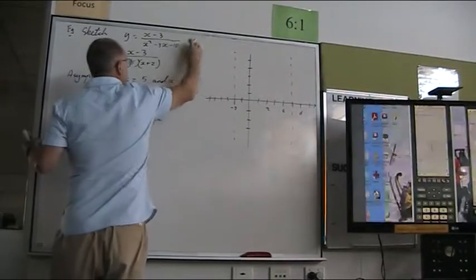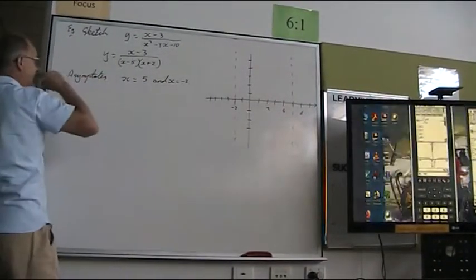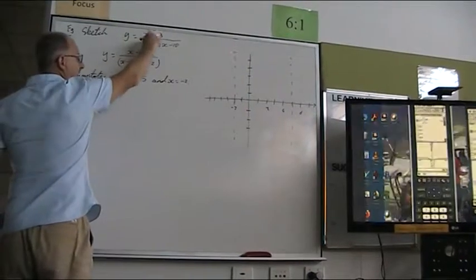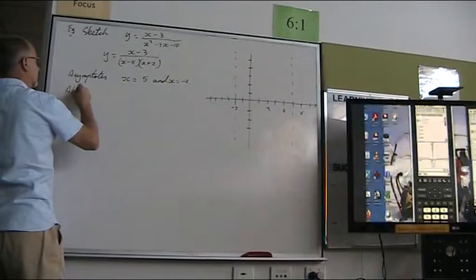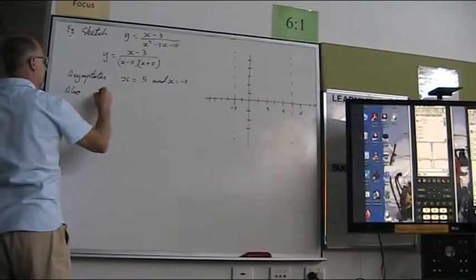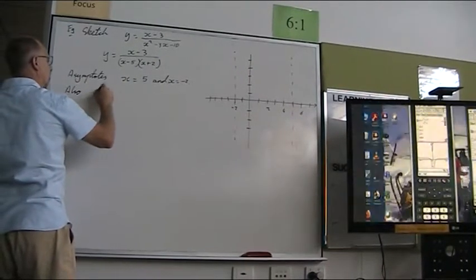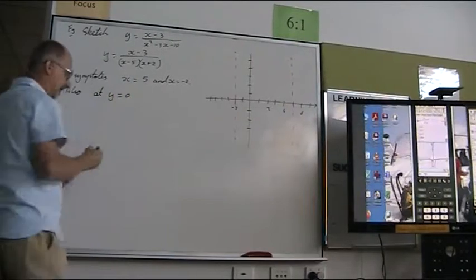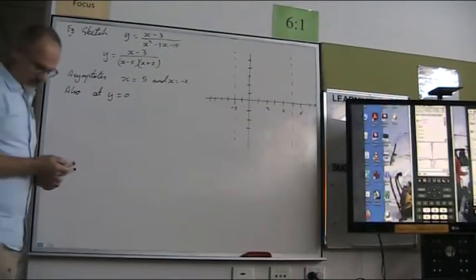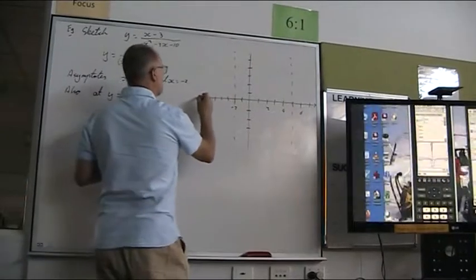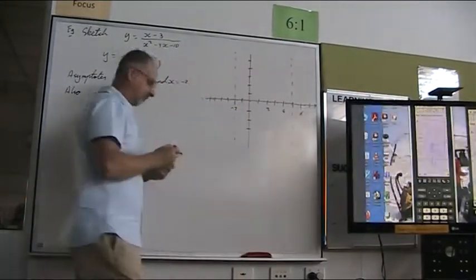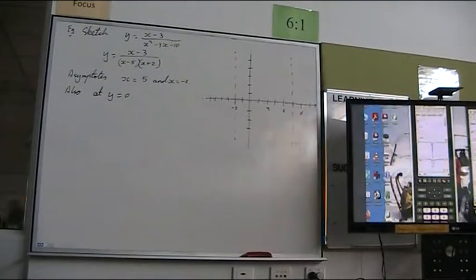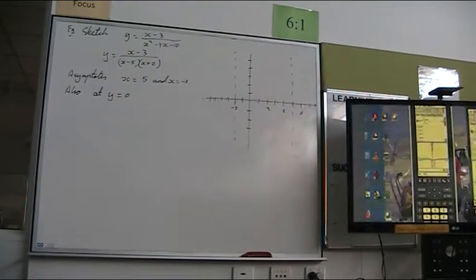Because there's no number out here, and because this is kind of in the form of a truncus, it suggests also y equals 0 for another asymptote. So it's suggesting that we've got another one along there.